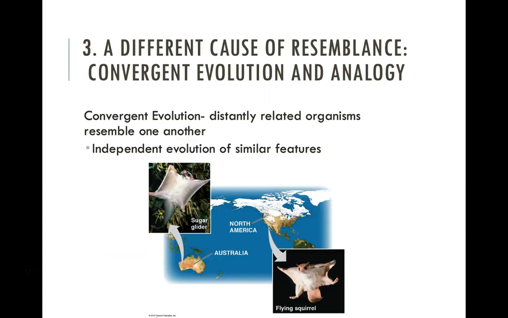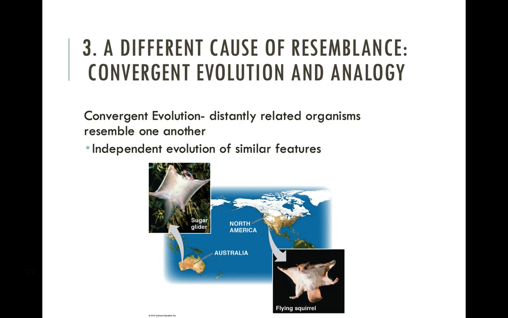All right, so homology is similar structures used for different functions, but we have sort of the opposite situation here with the idea of convergent evolution and analogy. So sometimes organisms that are not closely related have similar structures. And this is the idea of convergent evolution.